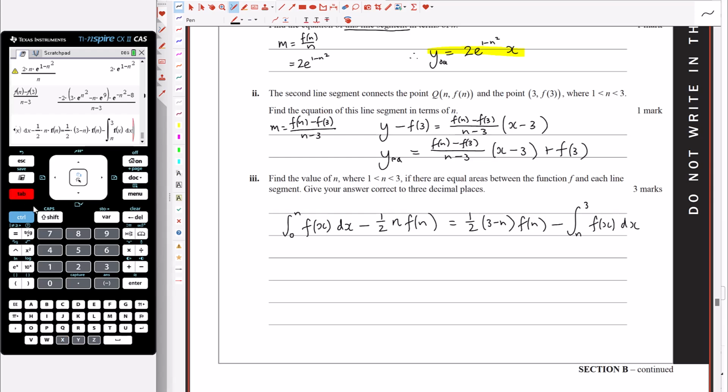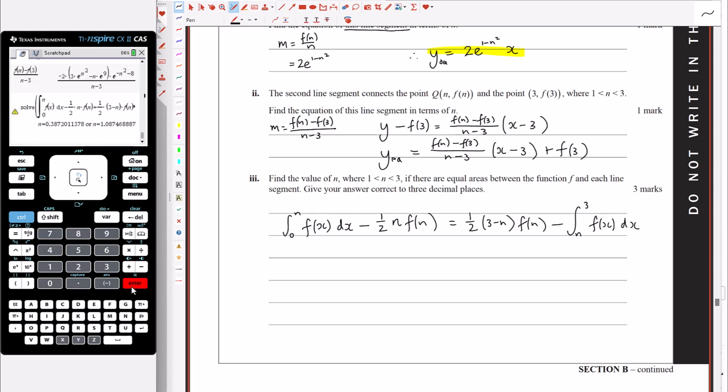And then we want to solve that equation for n. We know n is between 1 and 3, but let's just solve that.